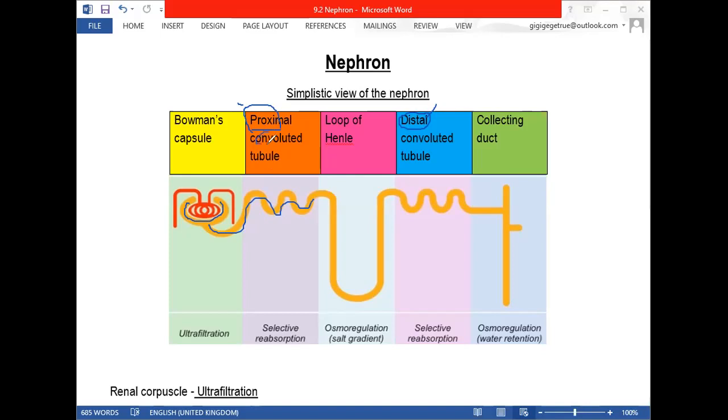They are both known as convoluted because they are highly coiled. This is also highly coiled. So proximal convoluted tubule, also known as PCT. Distal convoluted tubule, also known as DCT. Then we have the loop of Henle. This is like one loop, one and only loop. And finally, the collecting duct.